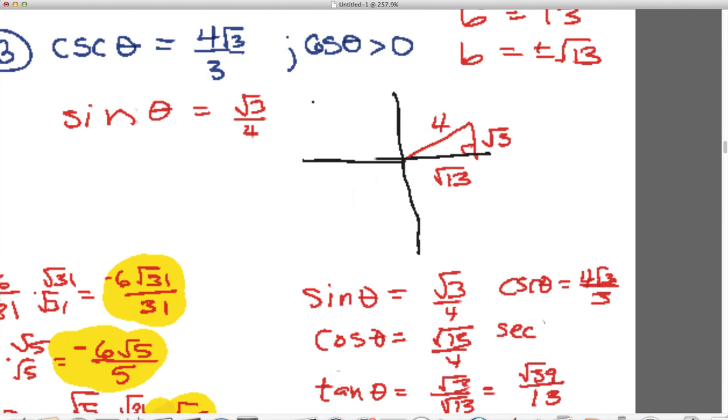And it's going to be root 13 over 13, and just flip that and rationalize it. So I'll write that up here since I have no room for cotangent. So it'd be root 13 over root 3, sorry, and then when you rationalize it, that would be a 39 there.